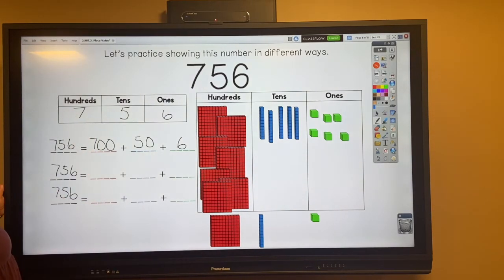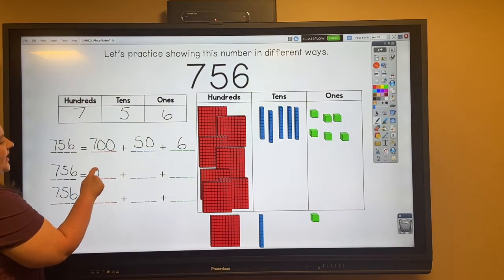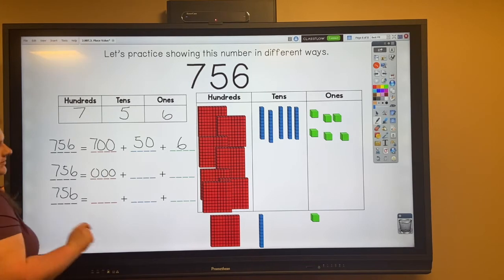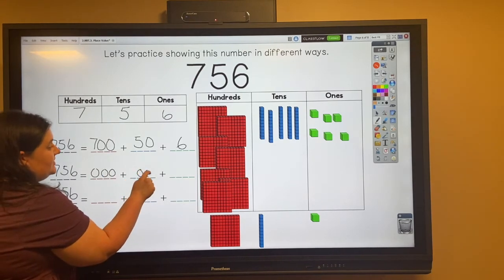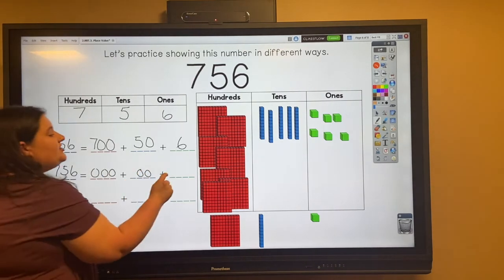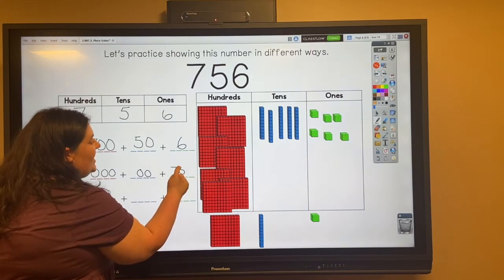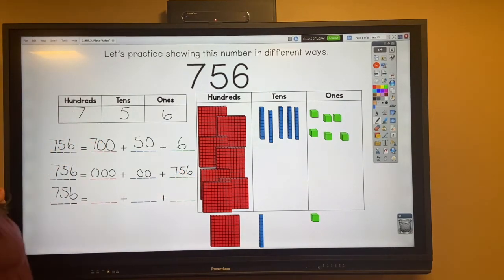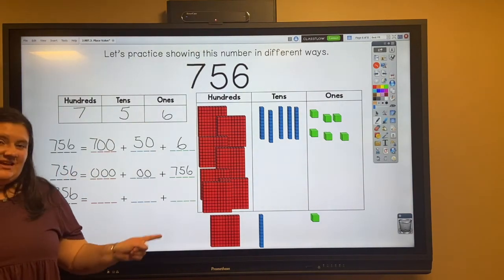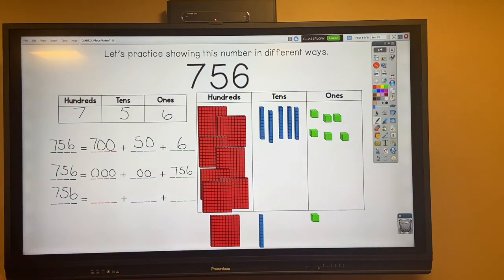So what I'm going to do is show that there are 0 hundreds. I'm going to show that there are 0 tens. And I'm going to show that there are 756 ones pieces. So this would be a different way to show 756.